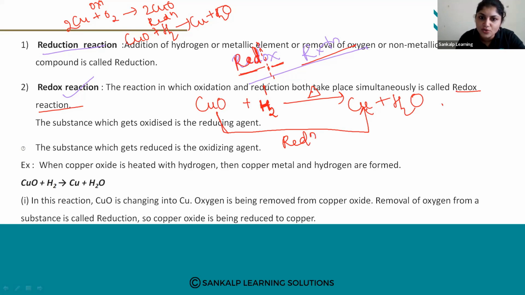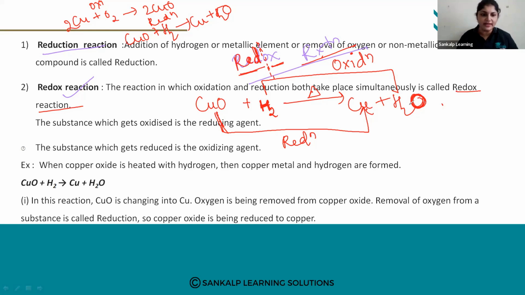And H2 is there, and there is addition of oxygen, so this is oxidation. So simultaneously in the reaction, one is undergoing oxidation and another is undergoing reduction. A reaction where oxidation and reduction both take place simultaneously is called a redox reaction.